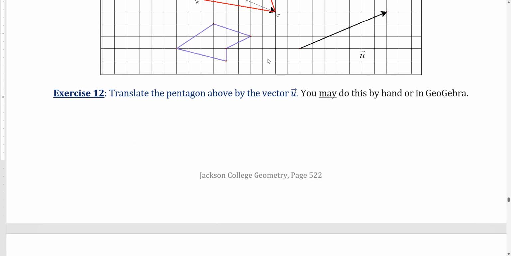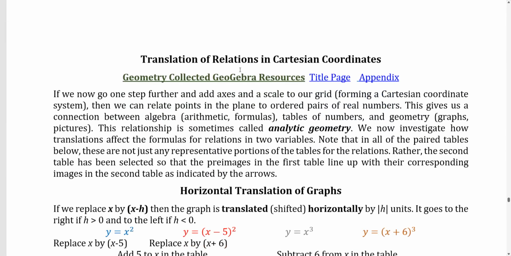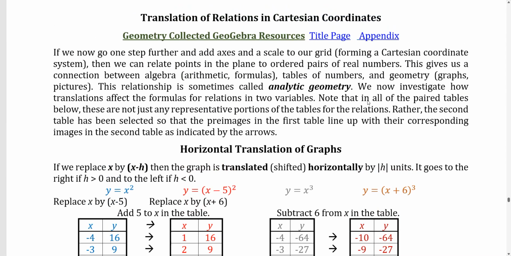Not only do we have a grid, we actually have x and y axes on that grid, and then we have actual numbers related to the points now. So now we have coordinates. Of course, this makes it into analytic geometry, where we're connecting the algebra, or the formulas and the arithmetic of what's going on with the numbers, tables of numbers, with the geometry, the graphs, the pictures, the geometric figures.